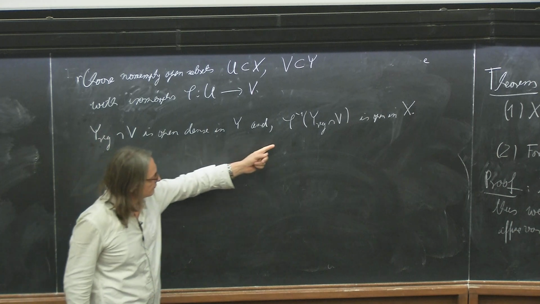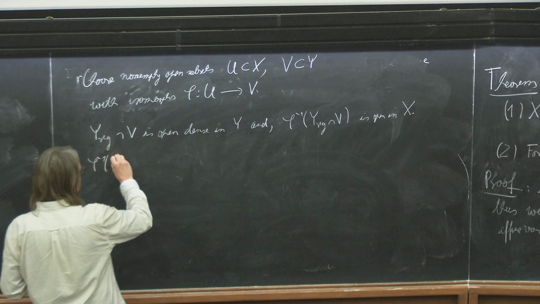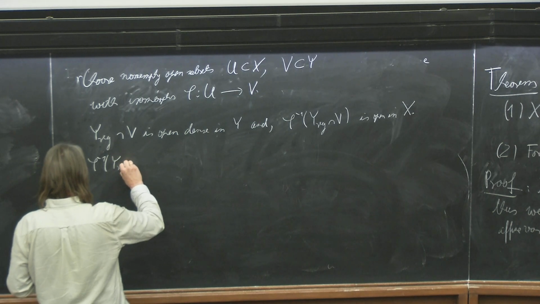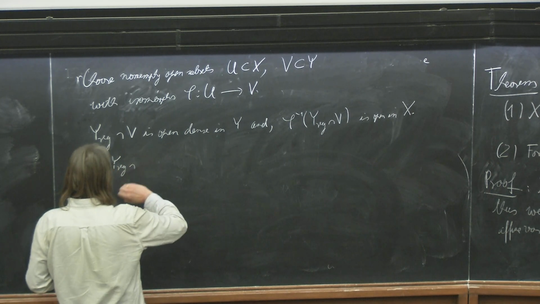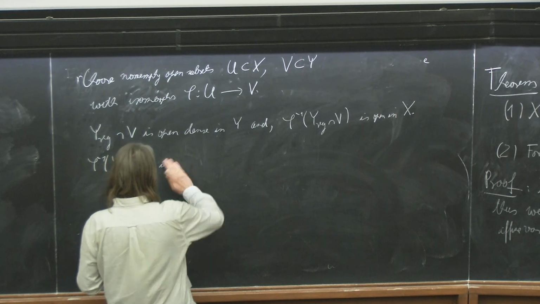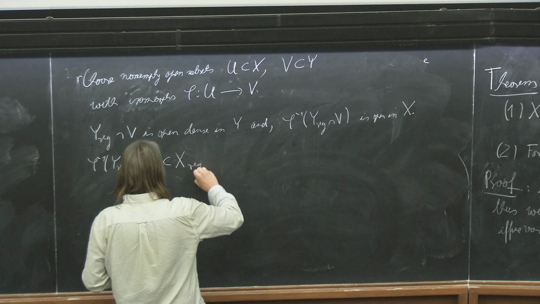So phi is an isomorphism, so that means phi to the minus 1 of Y_reg intersected V is contained in X_reg.